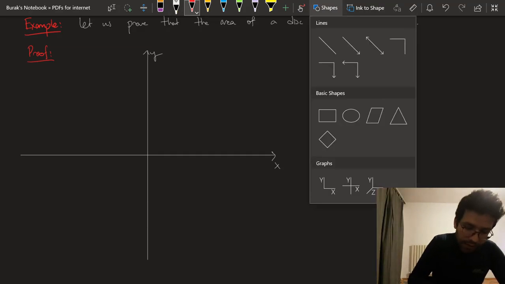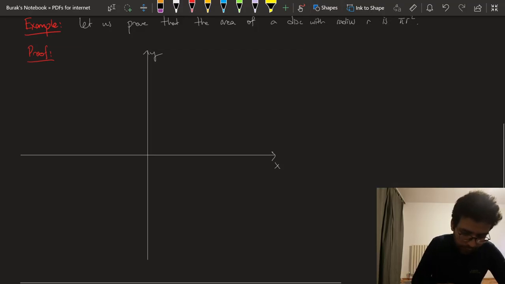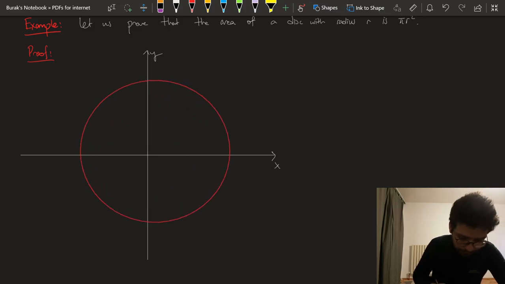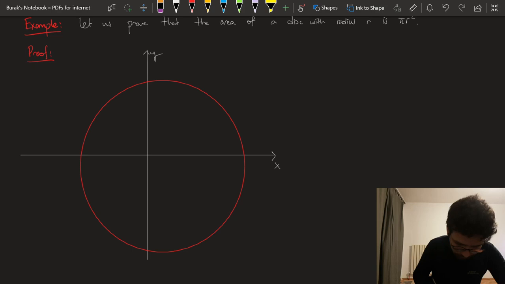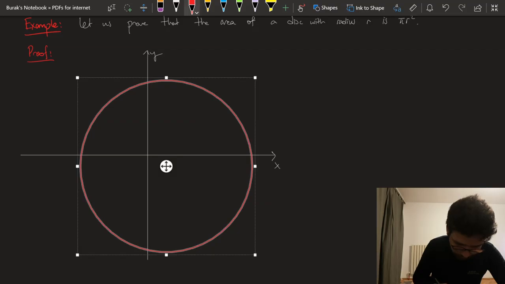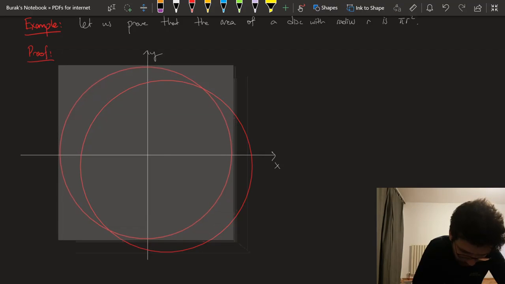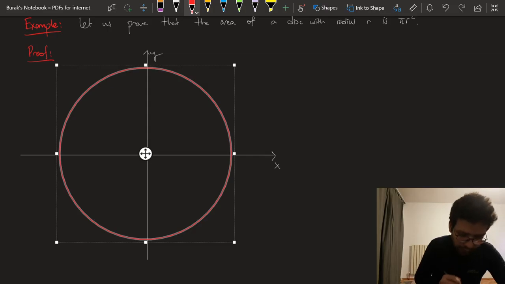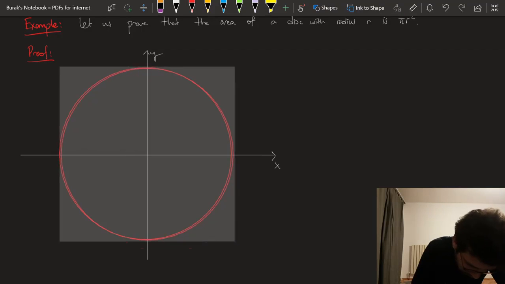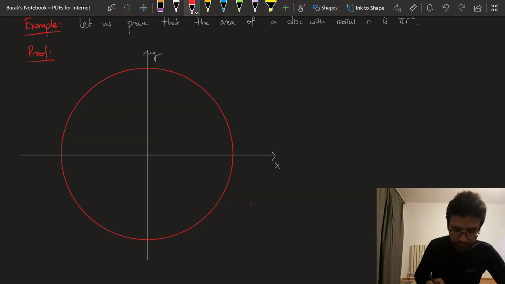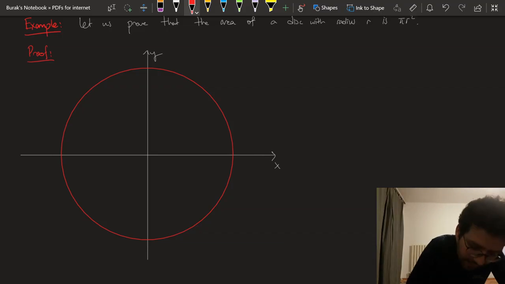And let me put a circle here. Okay, let me center it. Okay. So pretend that this is x squared plus y squared equals r squared. So this is a circle with radius r.